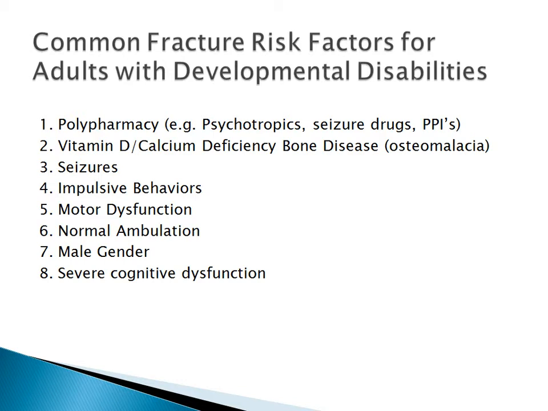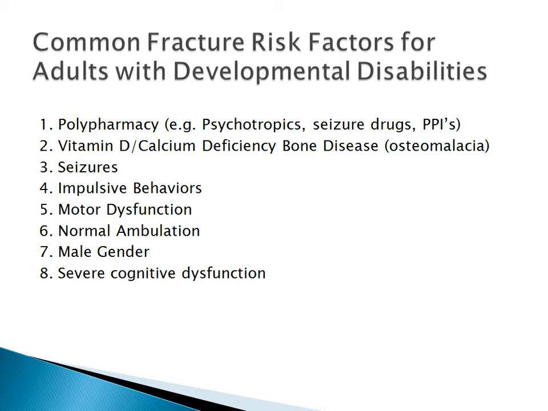Now, there are some risk factors that are especially relevant to adults with developmental disabilities, and these include polypharmacy, vitamin D and calcium deficiency, seizures, impulsive behaviors, motor dysfunction, normal ambulation.